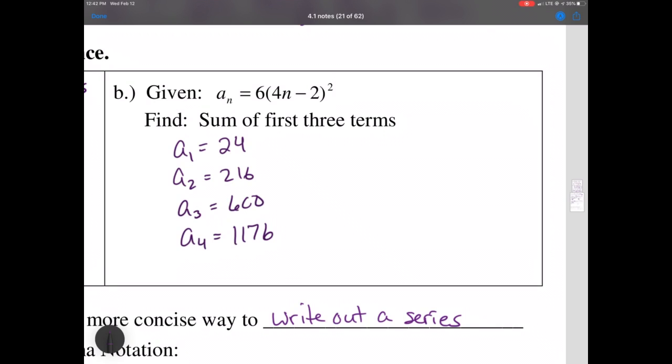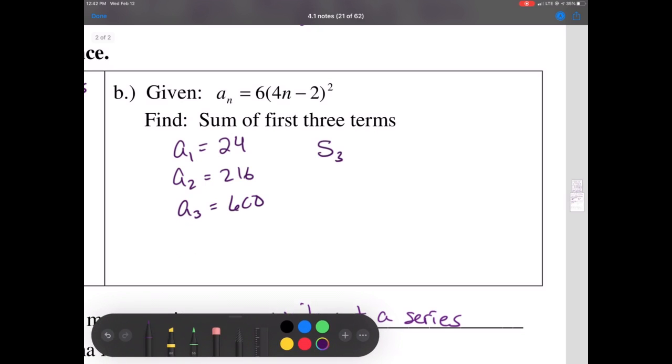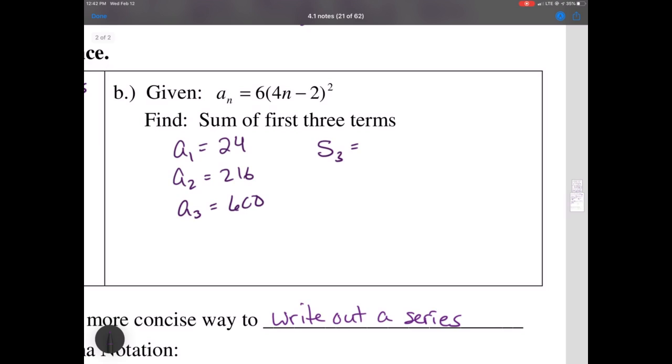Okay, now that we have all of our first 4 terms, we want to simply add these together. Actually, we only needed 3 of them, so we're going to take that one off. So 24 plus 216 plus 600 equals 840, and that's my answer.